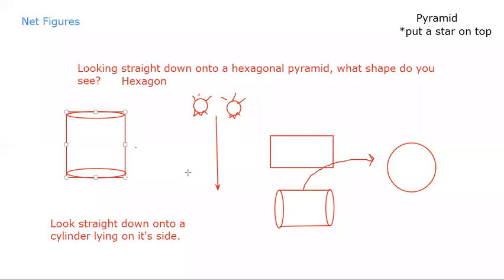From a far away spot, all you see is a rectangle. The same as when you're in a helicopter and it's laid on its side. You cannot see those rounded edges from far away. It just looks like a rectangle. You're going to be asked questions like that where you have to picture something from an aerial straight down view or from exactly the side from a long distance away.